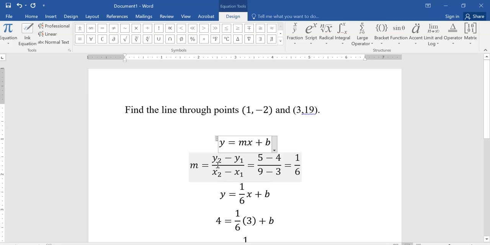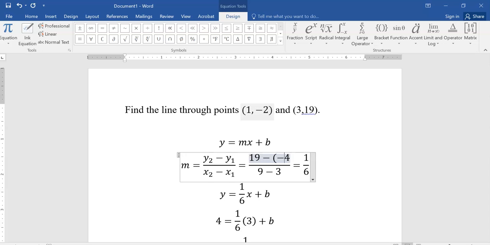We go slope formula: y value of point 2 minus y value of point 1, divided by x value of point 2 minus x value of point 1. In this case, my y value of point 2 is 19. I'm going to call that second one point 2, and this one I'll call point 1. Then I'm going to subtract, but here's where to be careful.